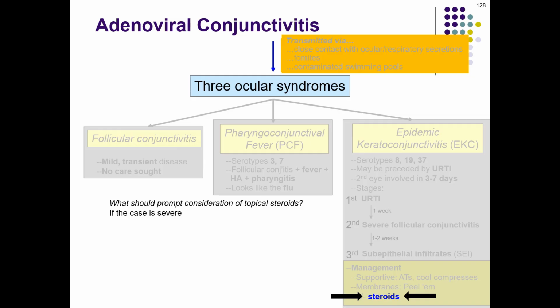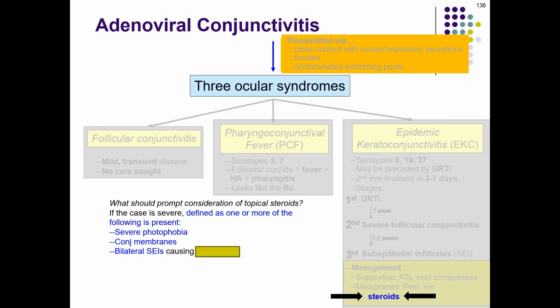And what does this mean? Defined by three things. The first thing is severe photophobia. The second thing, conjunctival membrane. If you see a membrane, you should give the patient steroids. And the third, bilateral subepithelial infiltrates that are causing reduced vision. So these are the main considerations for topical steroids in cases of epidemic keratoconjunctivitis.